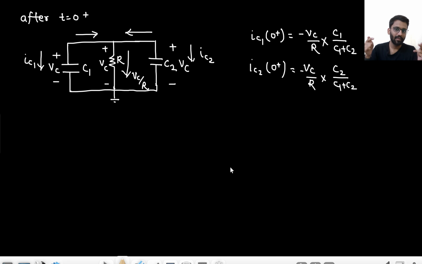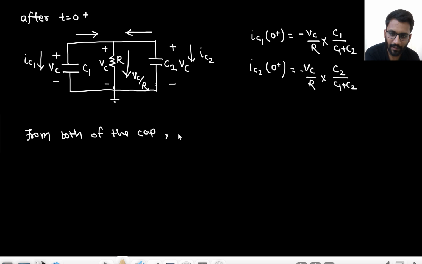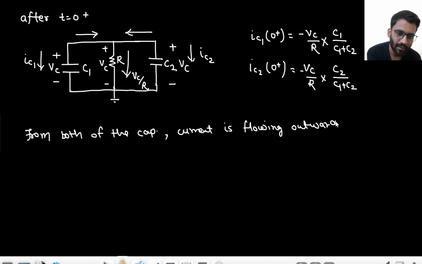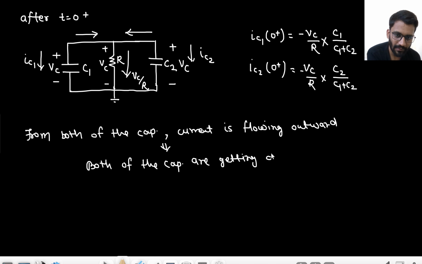Now, what is happening? Both capacitors C1 and C2 are getting discharged. From both of the capacitors, current is flowing outward.